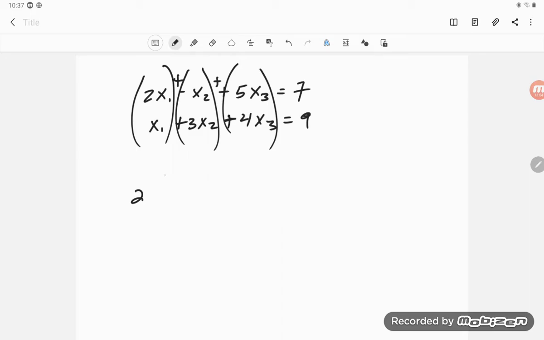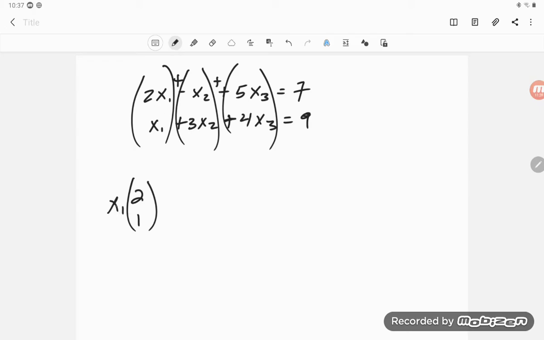And so you see another way to look at this is that I took x1 times the vector 2, 1.